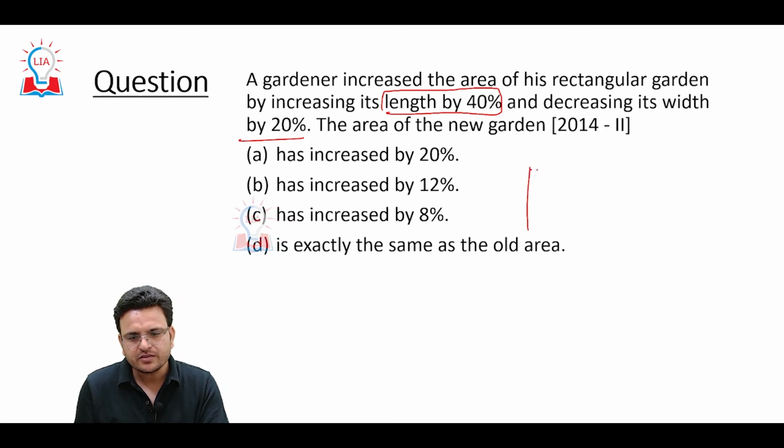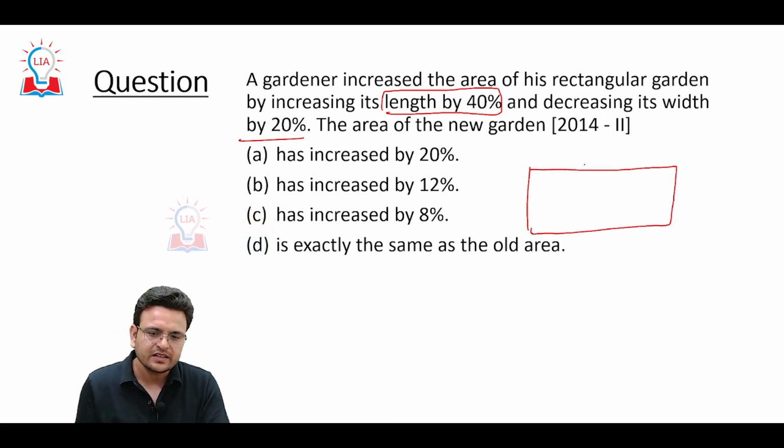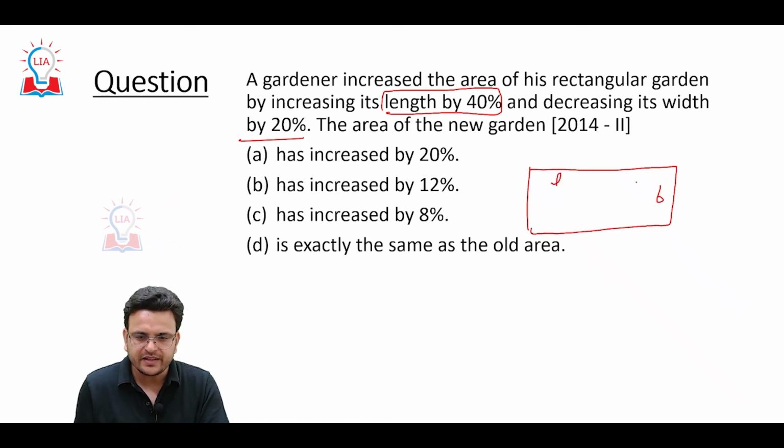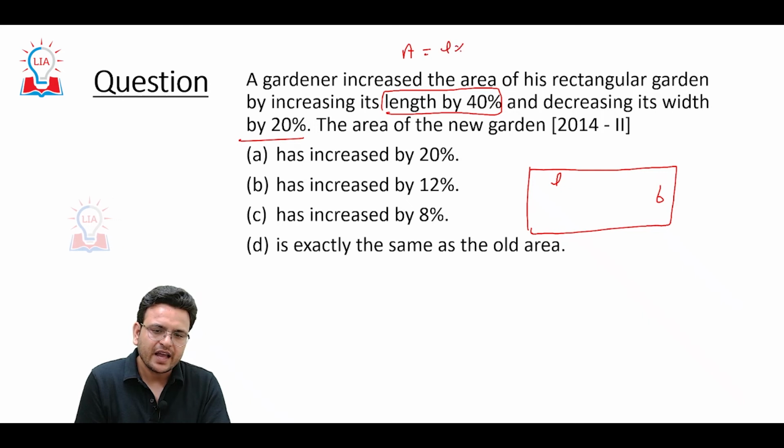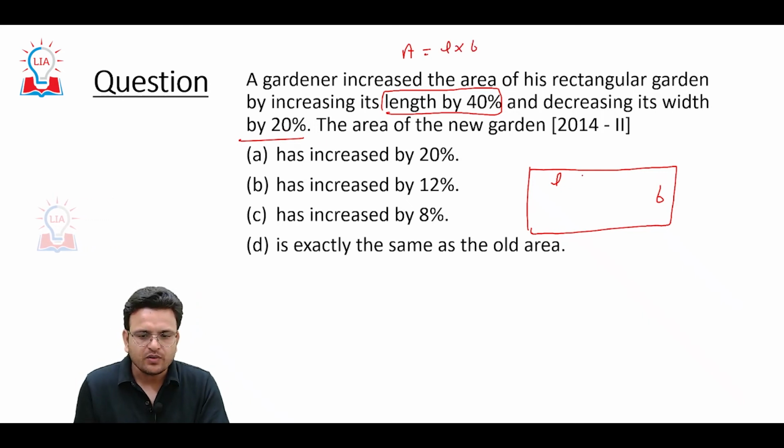So these questions we can solve in multiple ways. One way, the basics: you can consider the initial length is L and breadth is B, then area will be L into B. Now length has increased by 40%, it becomes 1.40 L. Breadth has decreased by 20%, so 0.8 B.